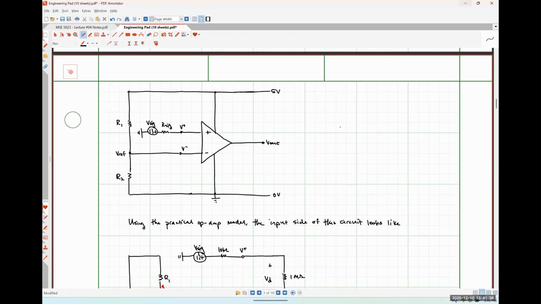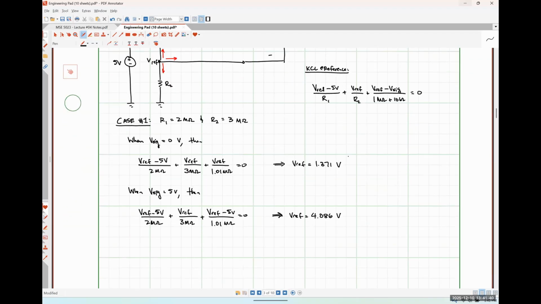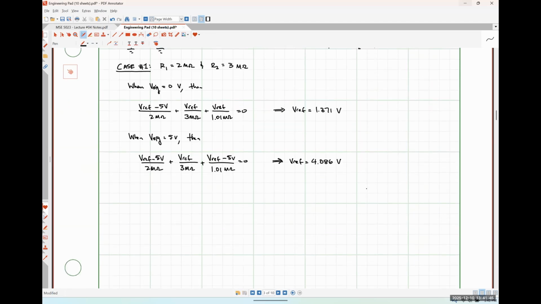So let's contrast that with choosing kilo ohm size resistors. In our second case here, we're going to say that R1 is equal to 2 kilo ohms and R2 is equal to 3 kilo ohms. And we're going to run the same parameters, right?